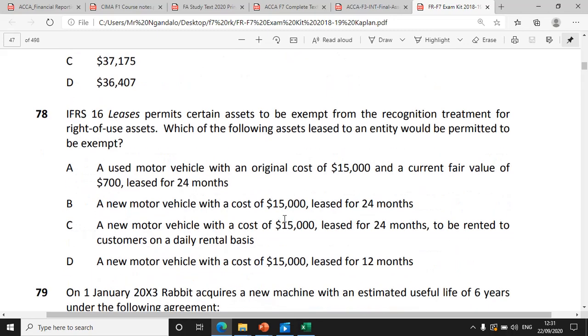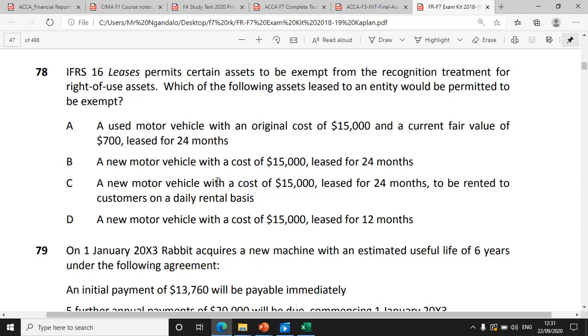Let us progress to the next question, which tests IFRS 16. Leases permits certain assets to be exempt from the recognition treatment for right of use assets. Which of the following assets leased to an entity would be permitted to be exempt? Okay, nice question. Remember low value items as well as items that do not exceed 12 months. Already here we have got 24 in option B and C, so we are above, and also there we are above.